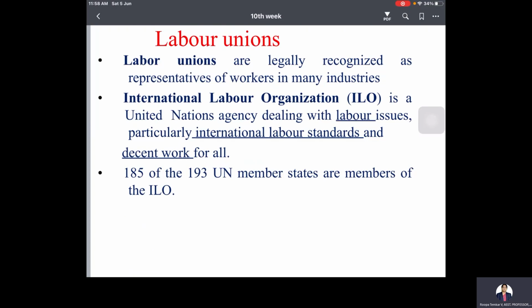Its main areas of activity include trade union and human rights, economy, society, and the workplace, equity and non-discrimination, and international solidarity. So like this, we could see the response of trade unions and also the role of labor unions in international human resource management. Now we shall discuss the response of trade unions to MNEs.